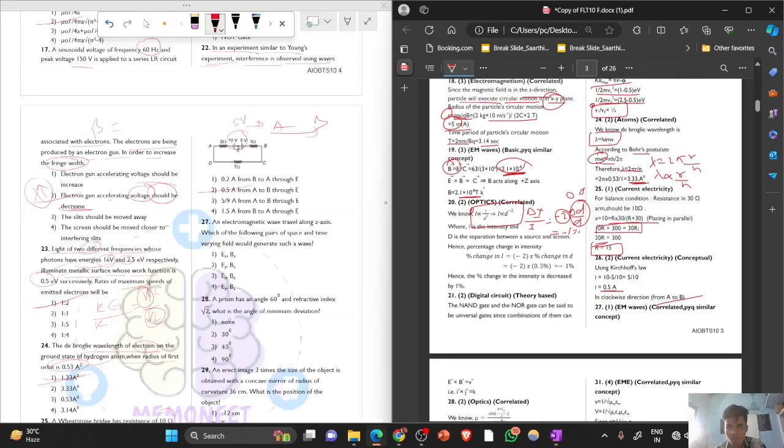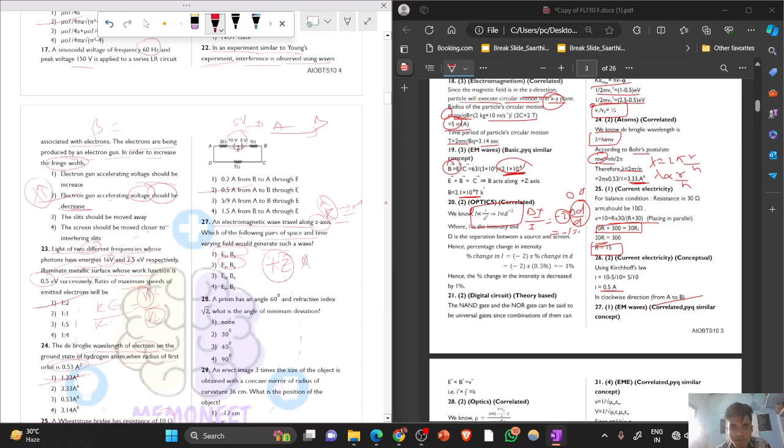Now moving ahead, an electromagnetic wave travels along Z. Here k cap is the direction of the wave vector. Which space and time varying fields will generate this wave? You know, x or y. It is positive z direction.